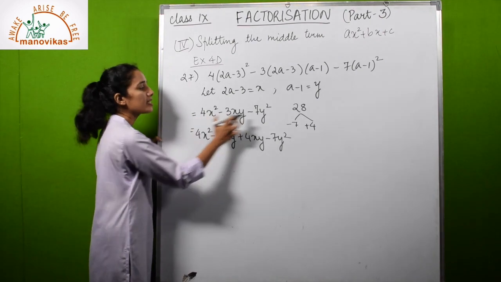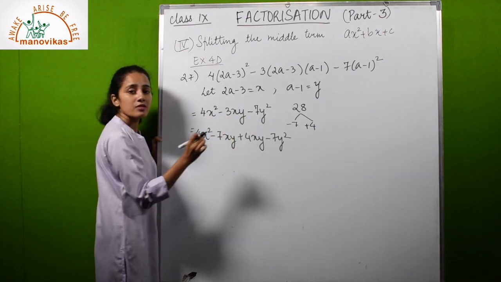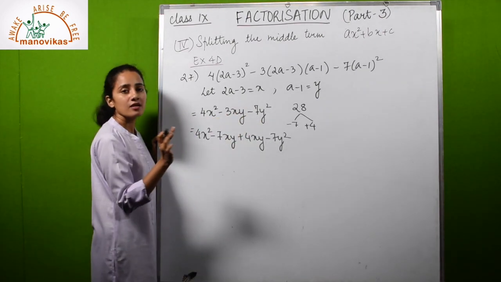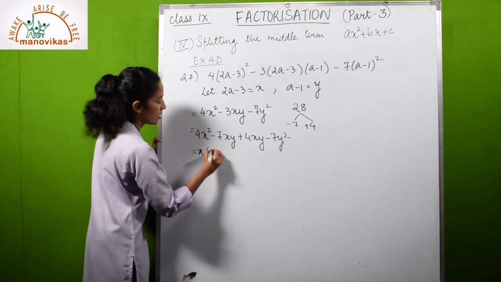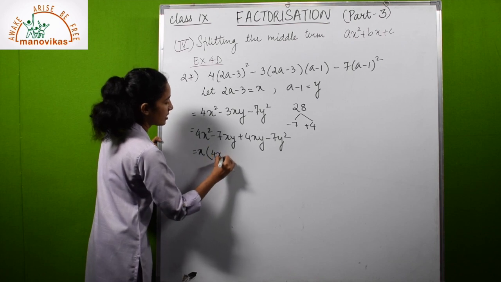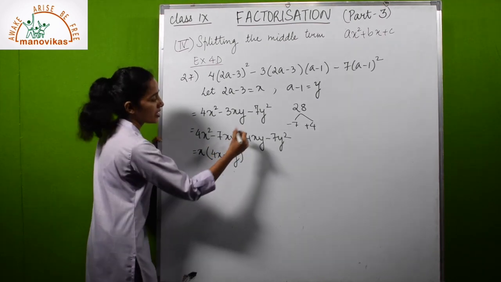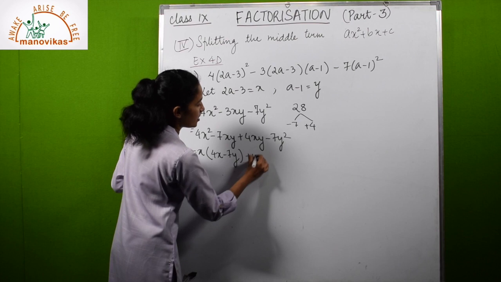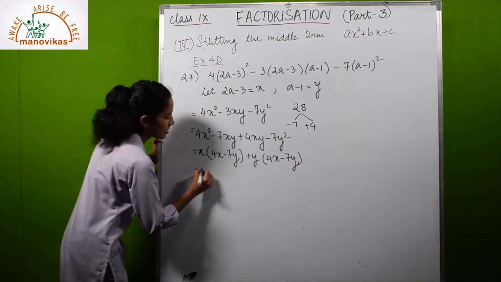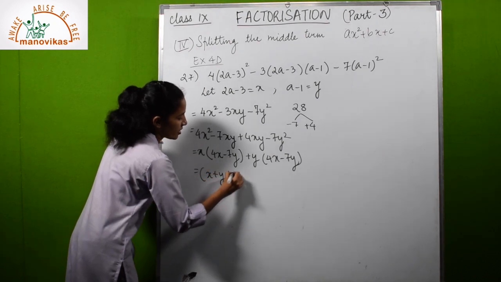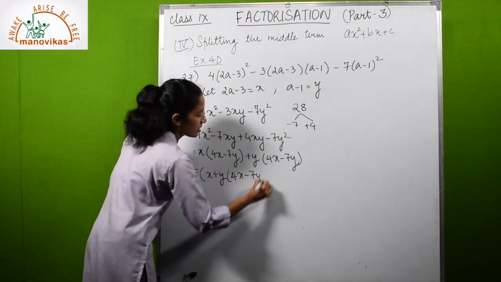I am taking the y variable as the constant. So taking a common factor, here the common factor is x, so this will be 4x minus 7y, and here the common factor is plus y, that is 4x minus 7y. That is x plus y and 4x minus 7y.